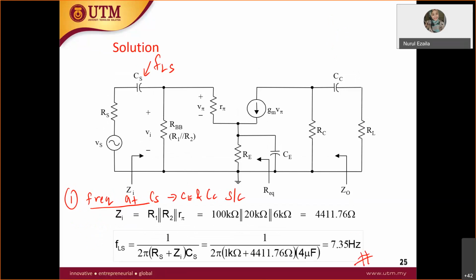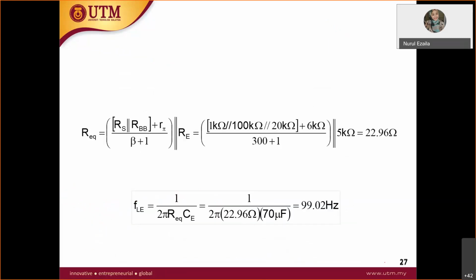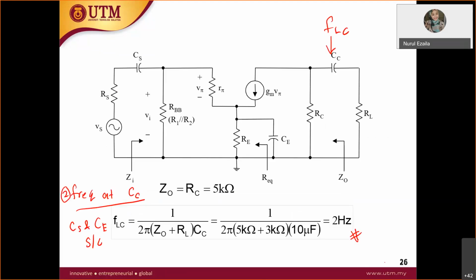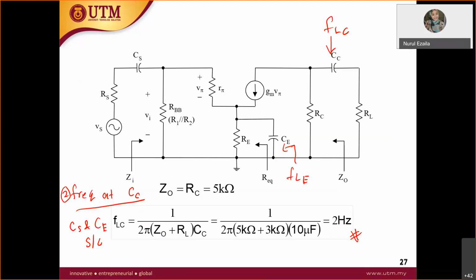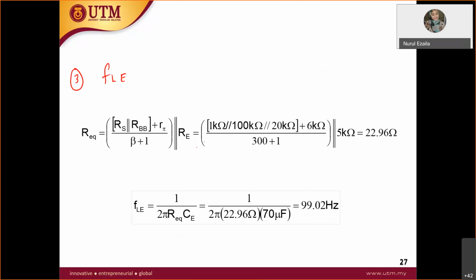All right, and then we move on to the Z test at FLE. So this is the region. To find FLE, the frequency at CE, this time CS and CC are short circuit.